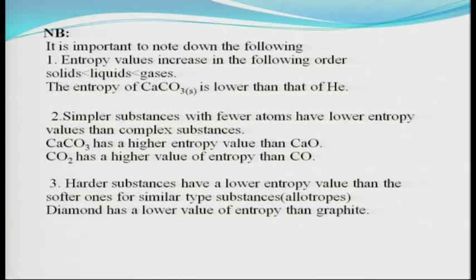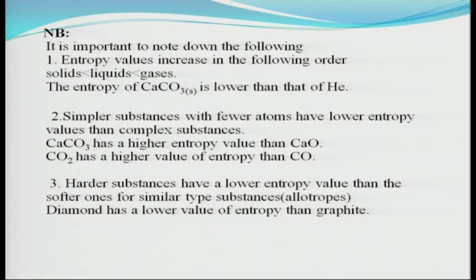Here we say that simpler substances with few atoms have lower entropy values than complex substances. Those which have more atoms, for example calcium carbonate, have a higher entropy value than calcium oxide, obviously because it has more atoms. We imagine that the more the atoms, the faster they move.